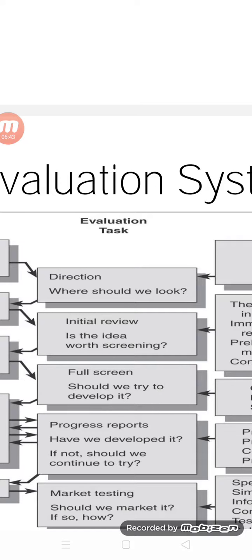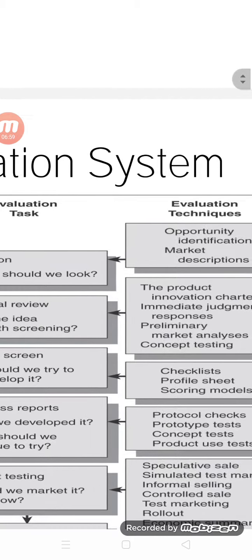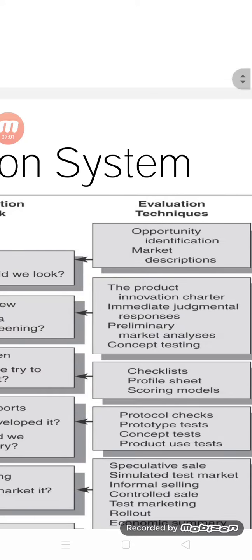If they have yet to complete the development of the product, how are they going to proceed, and should they proceed with the development or not? The techniques used are protocol checks, prototype, concept test, and product use test.